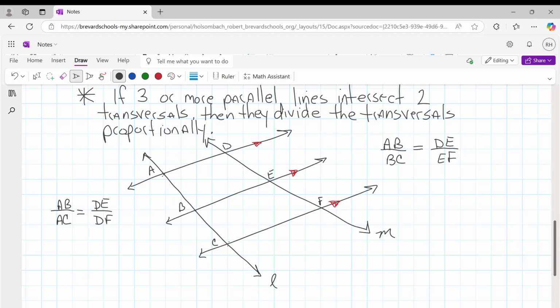All right, then over on the bottom of 493, congruent parts of parallel lines.